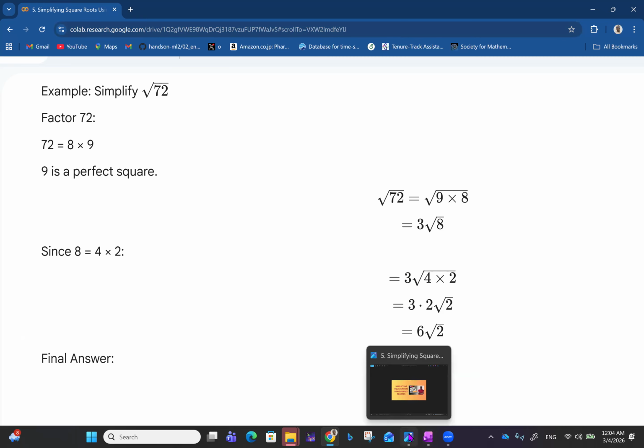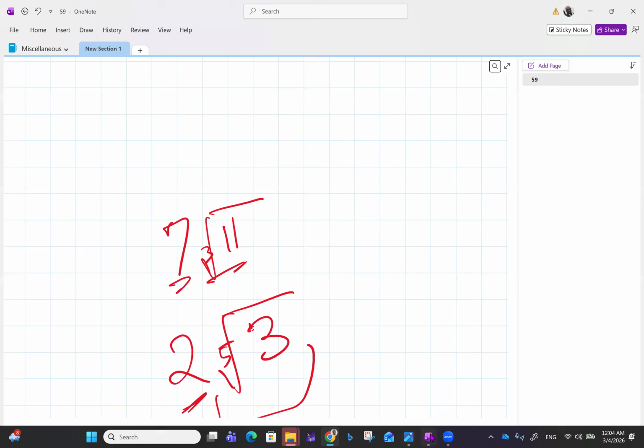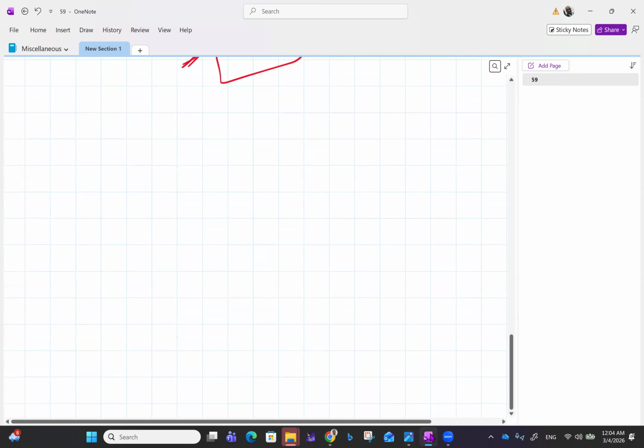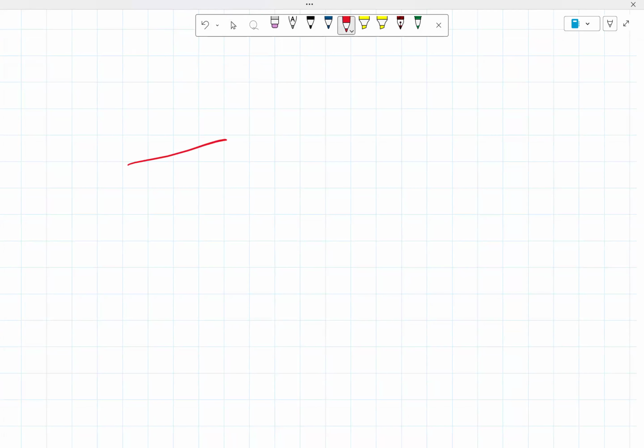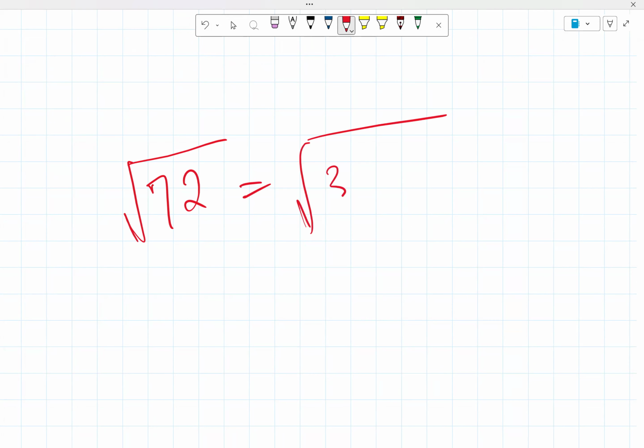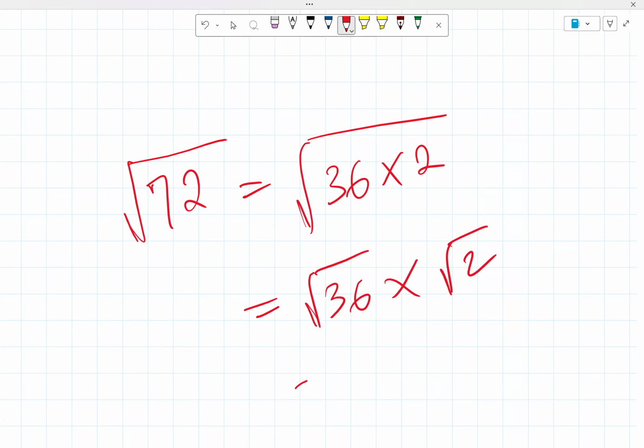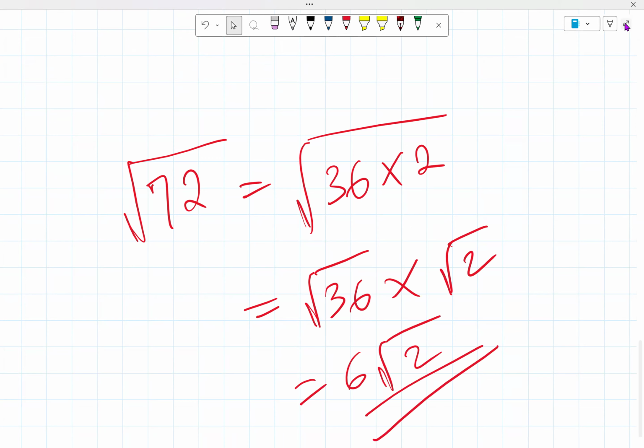Now, if you want to follow what we've been doing before, we talked about root 72. If you have root 72, it can easily be written as root 36 times 2, and that's root 36 times root 2. Root 36 is 6, and then root 2. So we can go on like that.